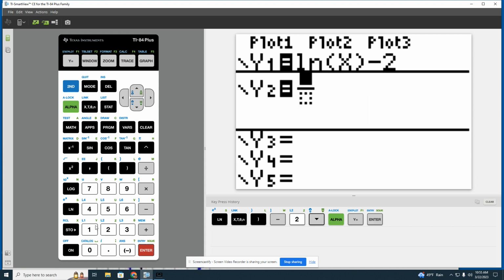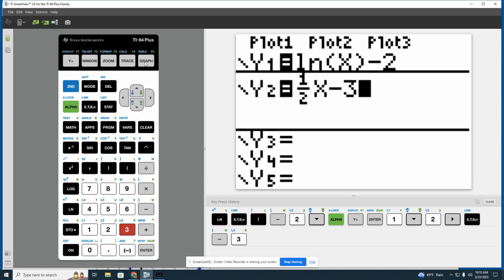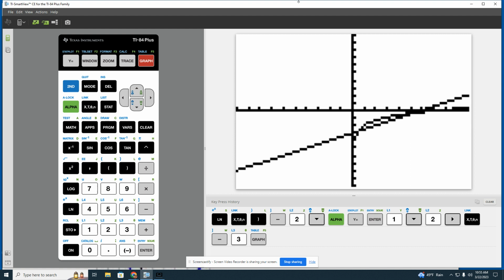Alpha y equals, number 1, we got 1/2 x minus 3. I graph it. Again, I think this one's pretty easy to see. It crosses right here once and right here twice. So I'm going to find these the same way, but what am I going to give as my answer?